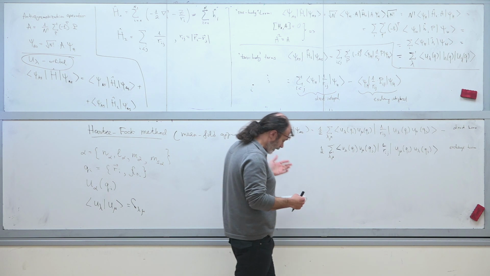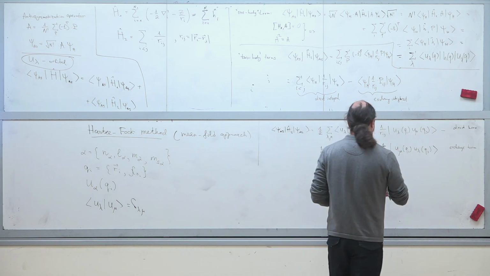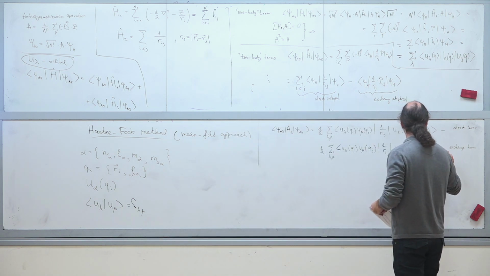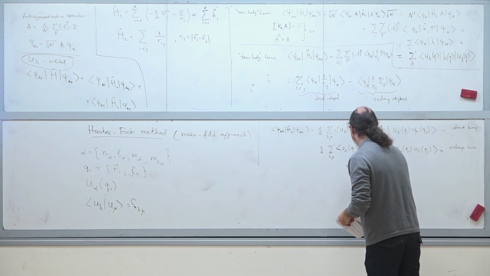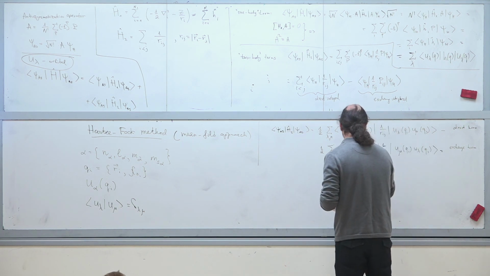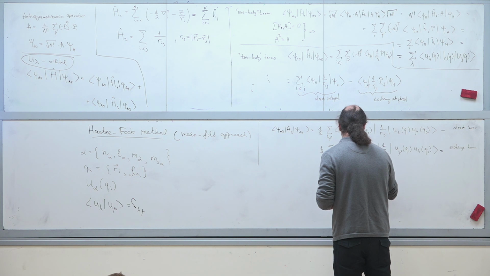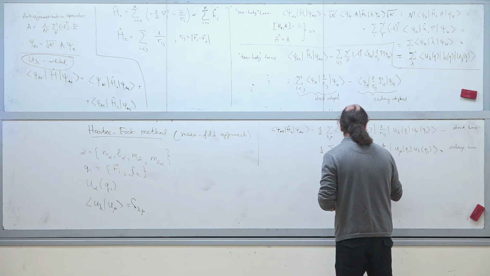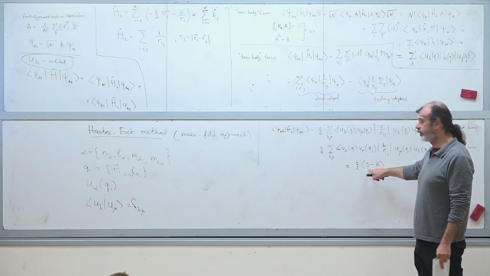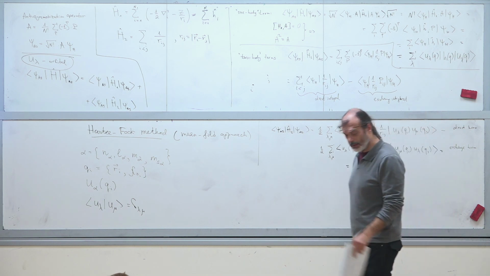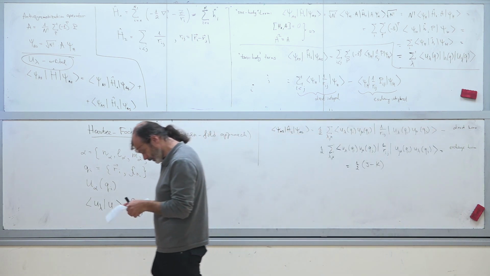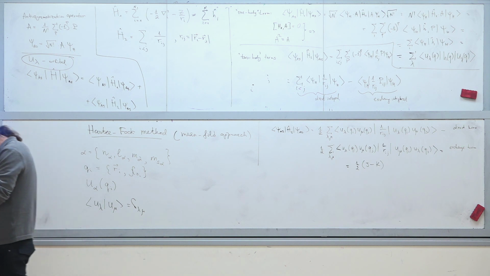Just to make a more direct analogy, we will see here like 1/2 of j minus k. If you remember, j was the direct integral, k was the exchange integral.